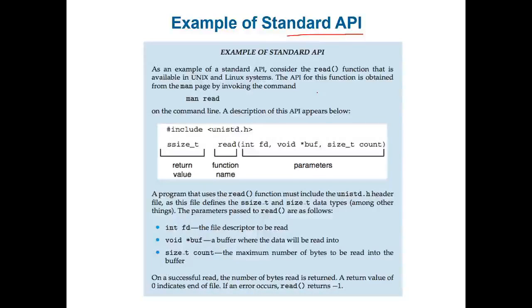So whenever a system call is called, it recognizes the API, that is, it recognizes the function name and the various parameters, and it executes a set of code, and according to that it returns the value to the user process. This way the various system calls are executed with the help of these APIs.